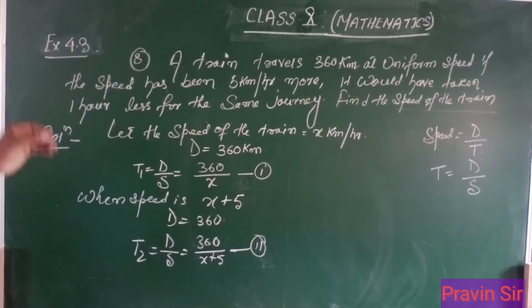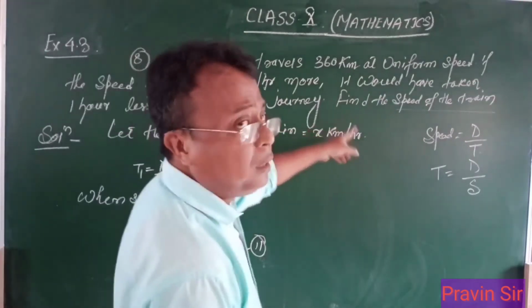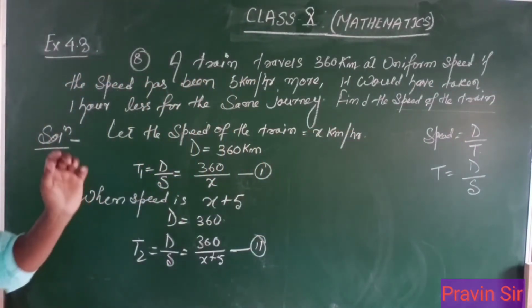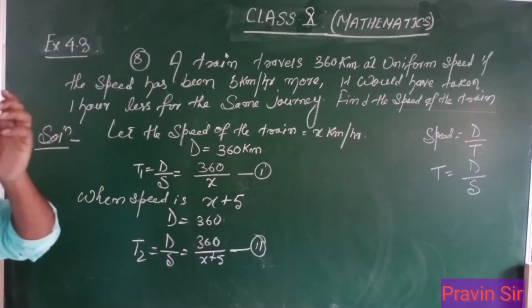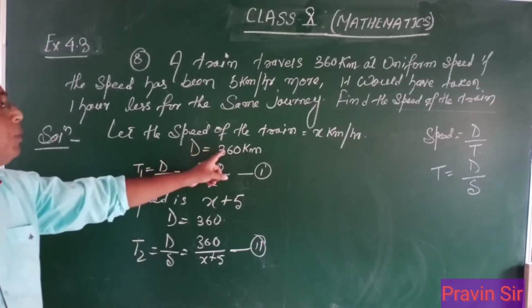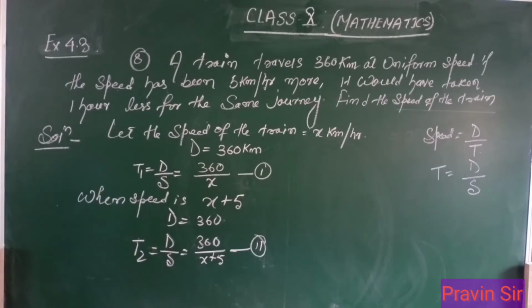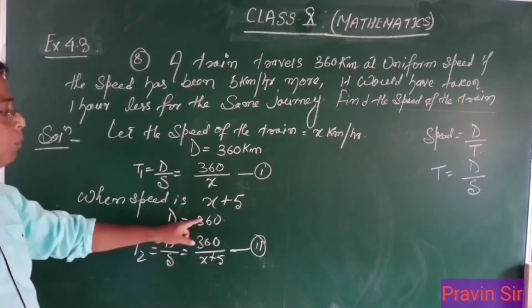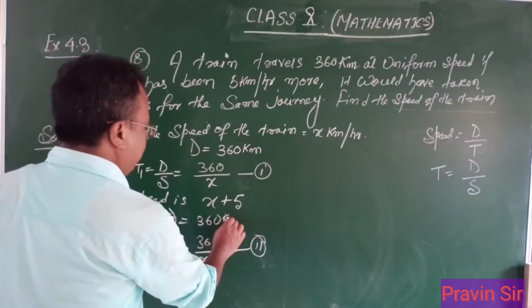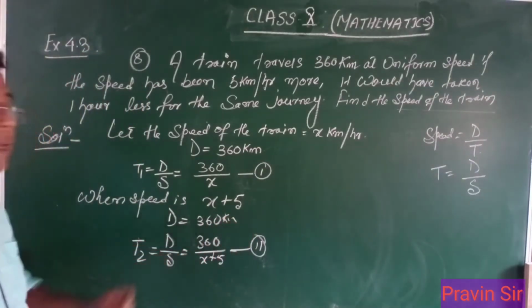So now when the speed of the train is x km/h, the time taken by the train to cover a distance of 360 km is this one. And when the speed of the train is increased by 5 km/h, then the time taken by the train to cover the distance of 360 km is equal to 360 by x plus 5.